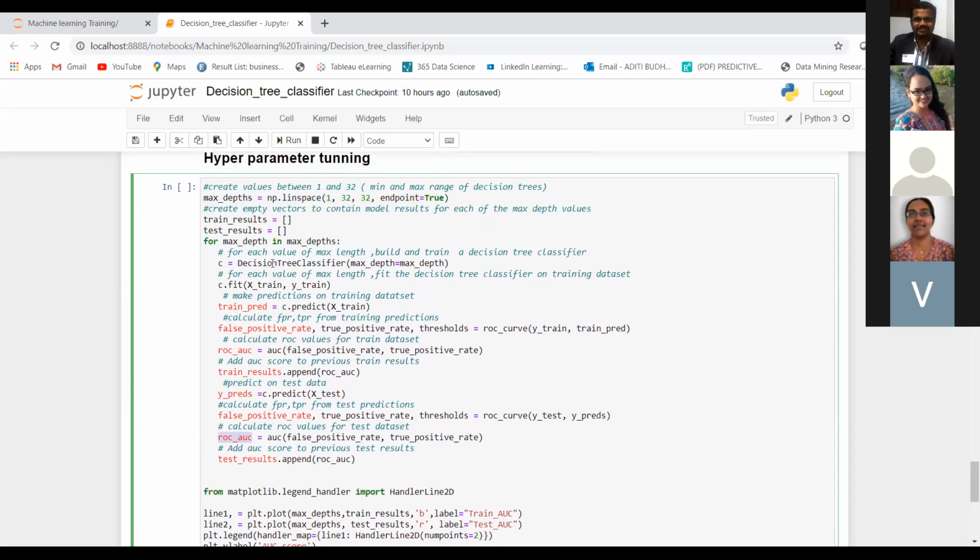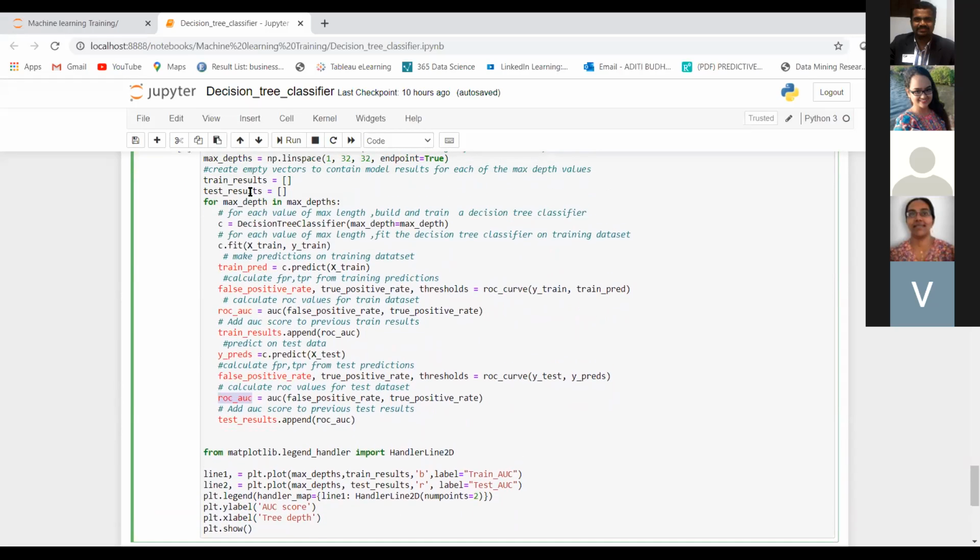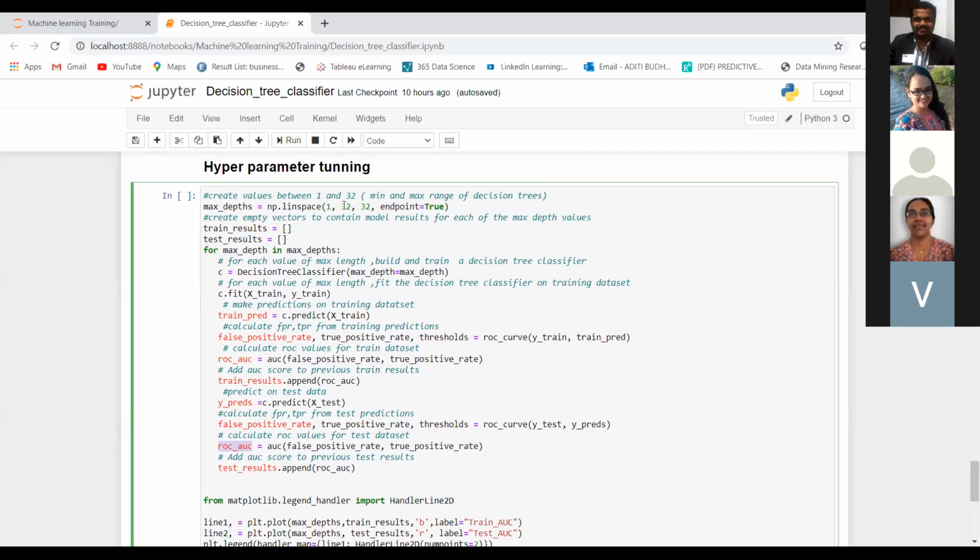Then I will append both of these scores, the test result score and my training result, in these two empty lists which I have created. So when I run this, I will finally get these two lists which will have the ROC AUC score for every model which I have created based on these values of maximum depth.